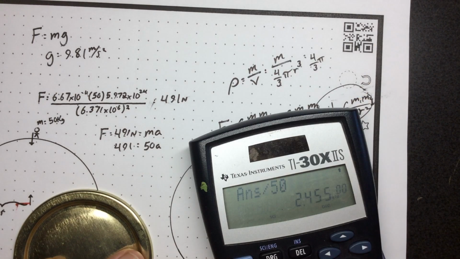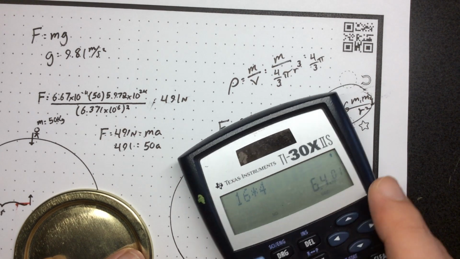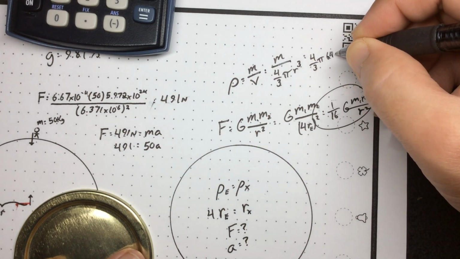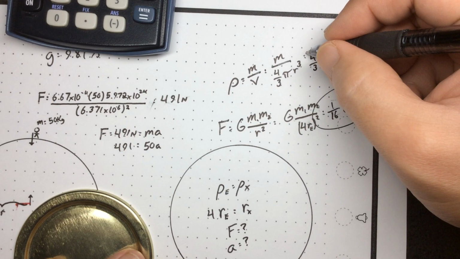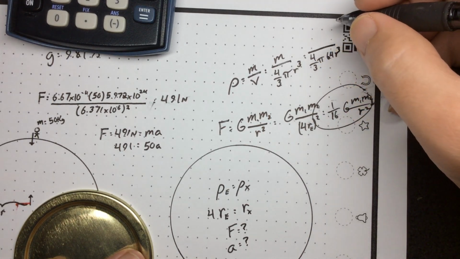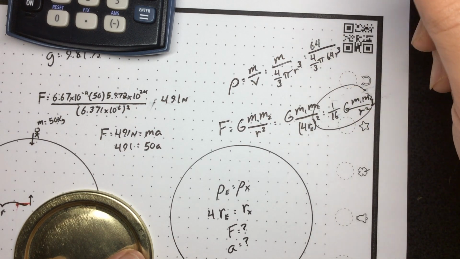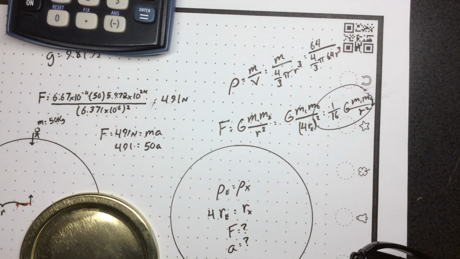What is 4 times 4 times 4? 4 times 4 is 16. 16 times 4 again is 64. So that's going to be 64 r cubed. And the mass here would have to be 64 times if the radius was quadrupled.